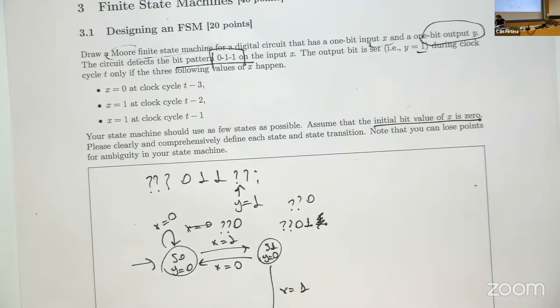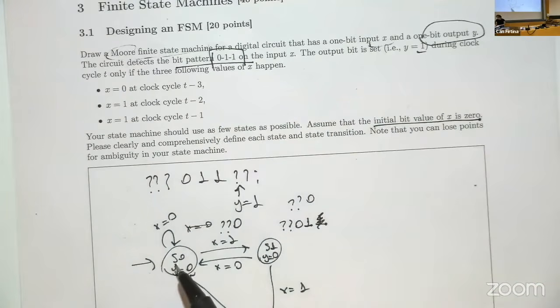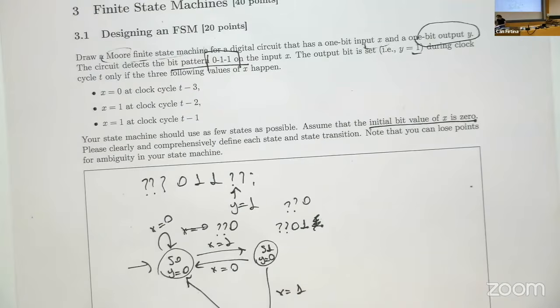And if you observe a 0 in this state, you have to go to this S0 again, because this is a state where you have a pattern that ends with 0 only. But if you observe a 1, you have to go to another state, which is a state where you observed a pattern that ends with 0 directly.